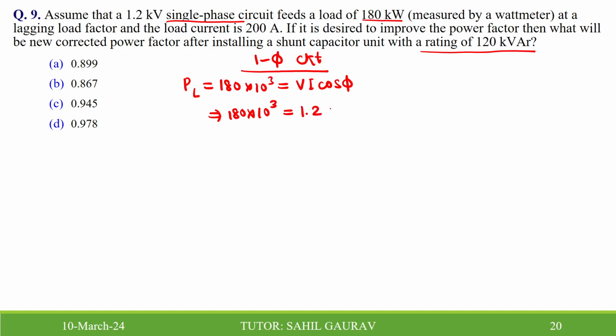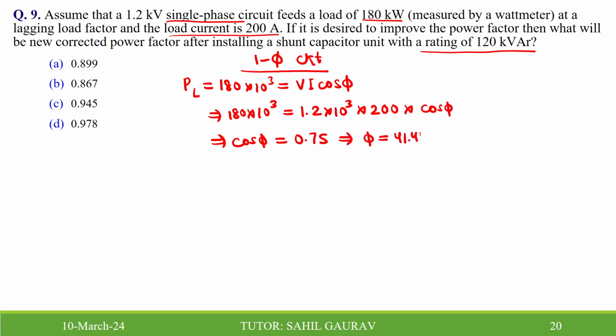Voltage is 1.2 kV, and the load current is also given, that is 200 ampere. From here we can find the power factor. So power factor will come as 0.75. Therefore power factor angle will be 41.41 degree.